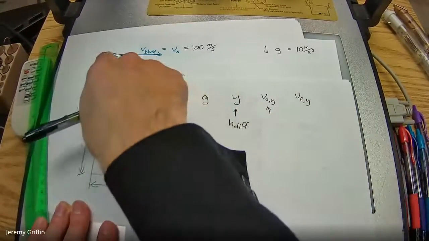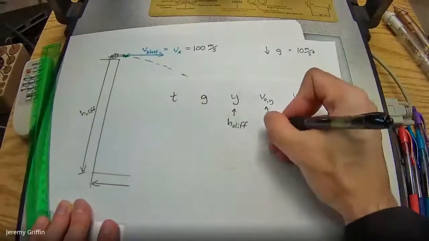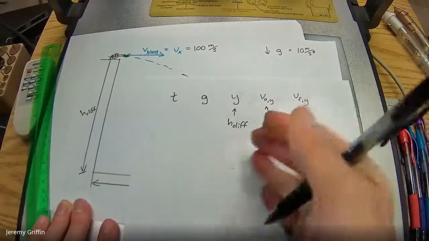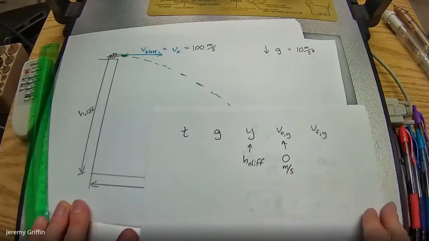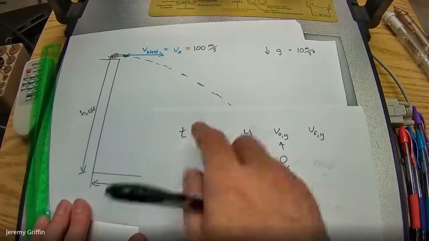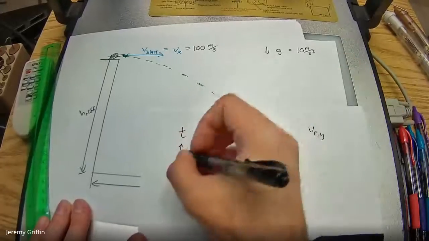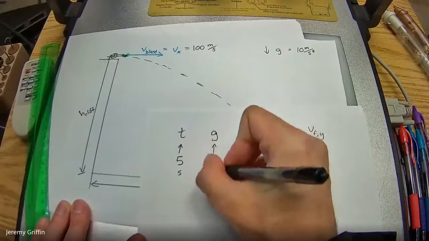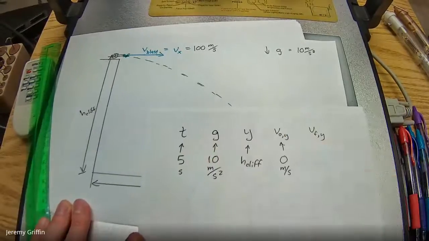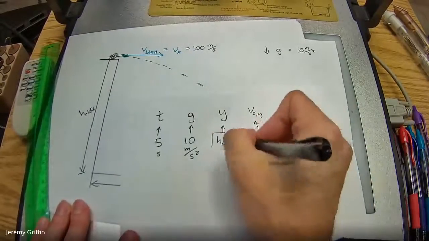Zero. It's not traveling up or down. It's only going to the side. So this is 0 meters per second. Now, of course, that immediately starts changing. Gravity starts pulling it down, but at the initial point, it's that. And we know what time is. Did we just do a bunch of work to figure out the time was 5 seconds? Oh, and of course, gravity is 10 meters per second squared. I'll call it down positive. That way, all my numbers are positive. We're trying to figure out what that is.